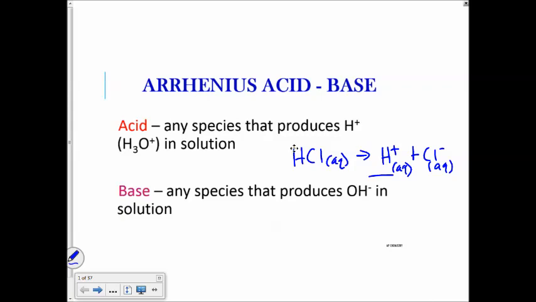And say it's lithium hydroxide, which happens to be one of the strong bases, so it's going to dissociate into the lithium and the hydroxide ions in water. Okay? Break apart, completely dissociate.